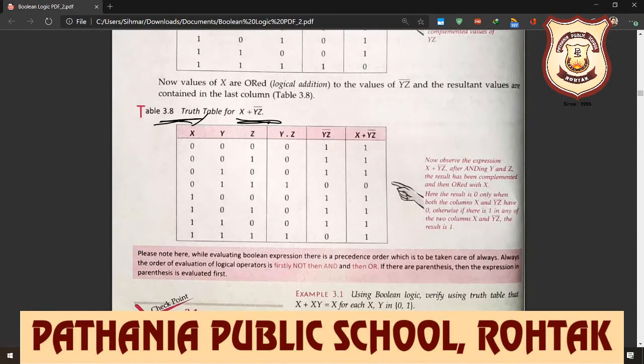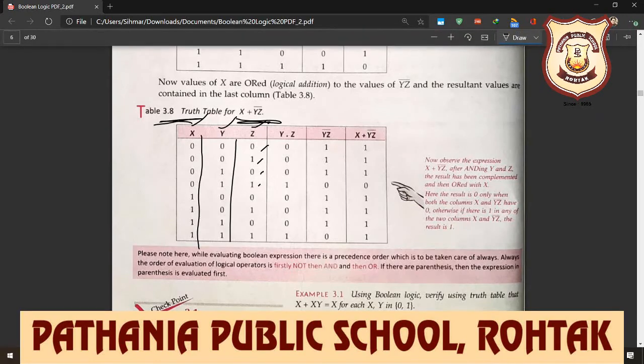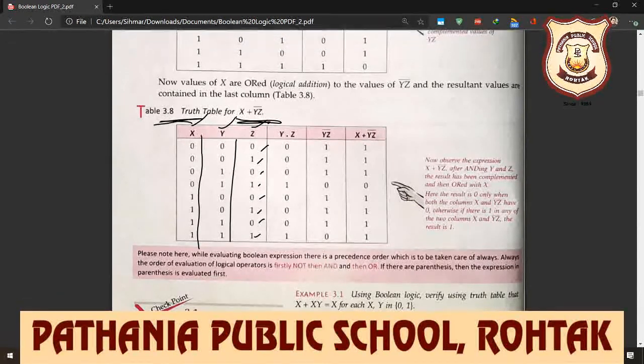First you write down x, then y, then z, and then you write down four times 0, four times 1. In y you write down two times 0, two times 1, then two times 0, again two times 1. And in z you write down 0, 1, 0, 1, 0, 1, 0, 1 here.